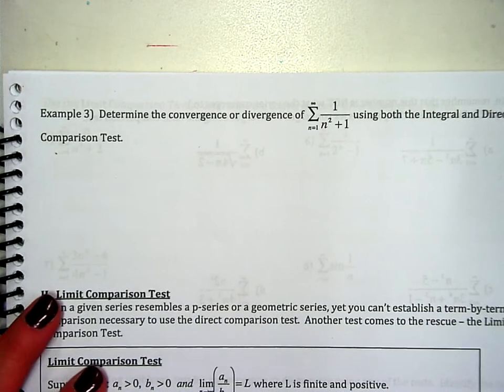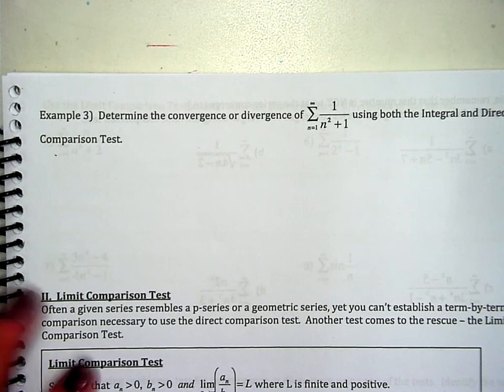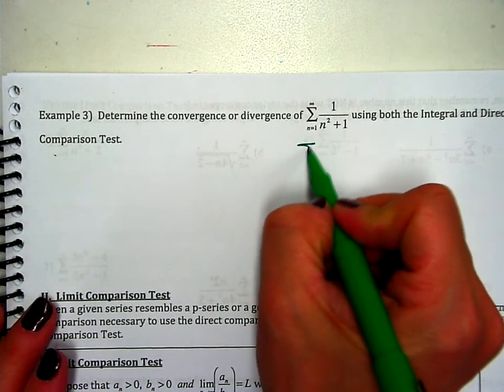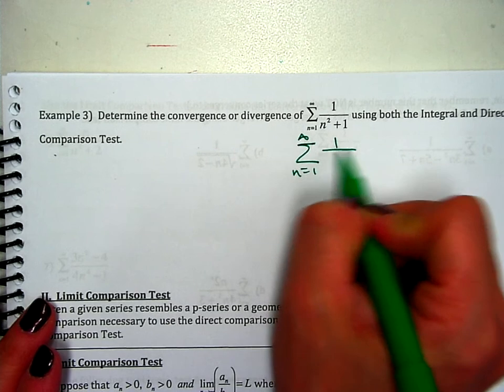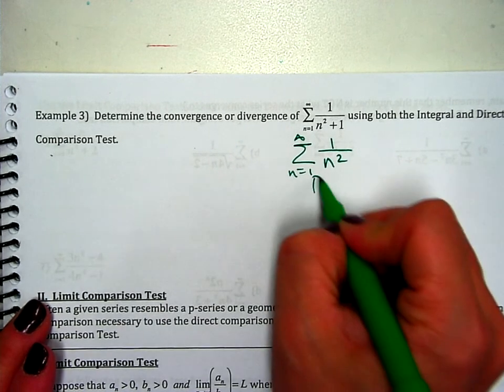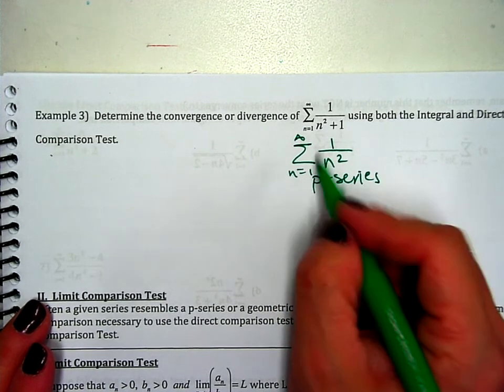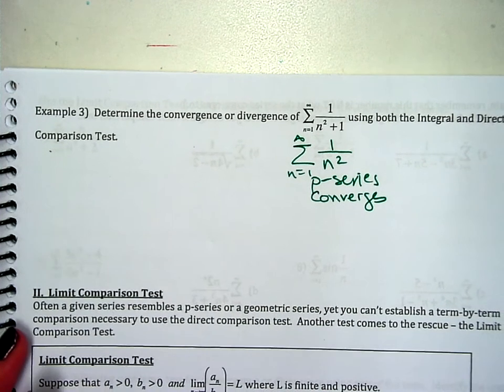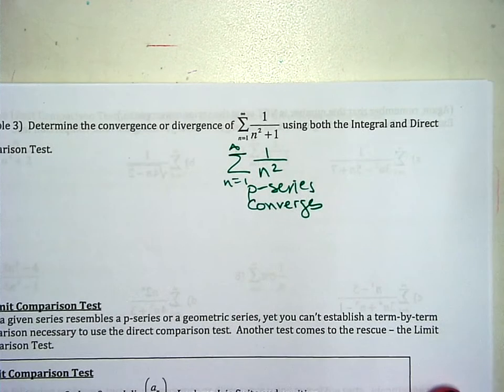Okay, I see another p-series in this one, so I know that the series that I'm going to compare it to is this. So this is a p-series, and I know that it converges. Okay, next, let's go ahead and compare it to this one.